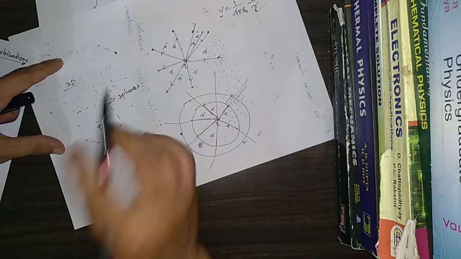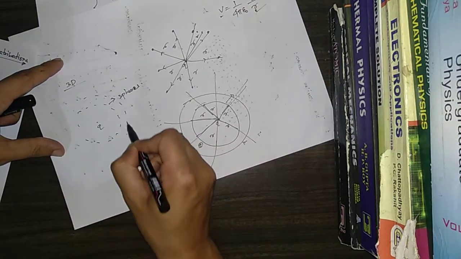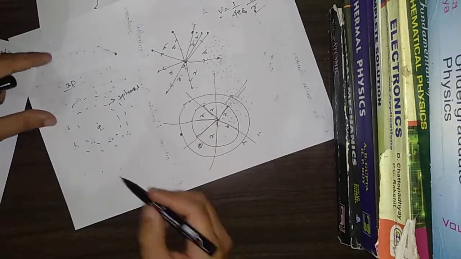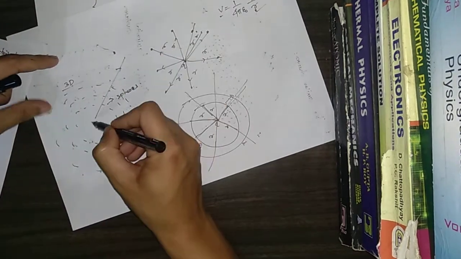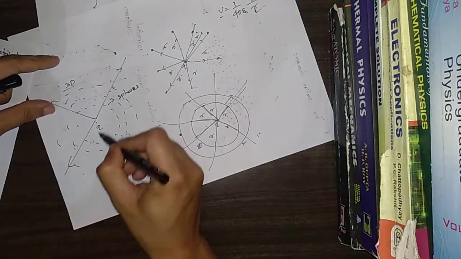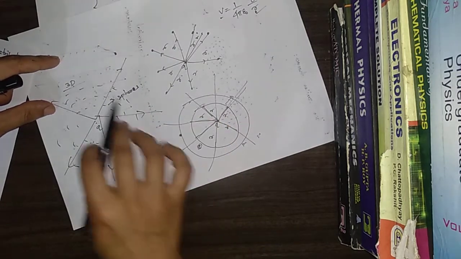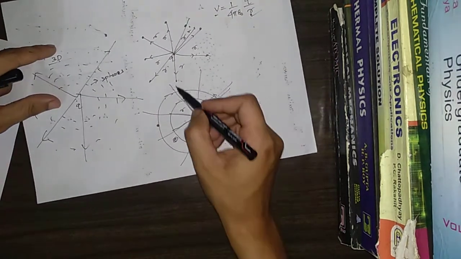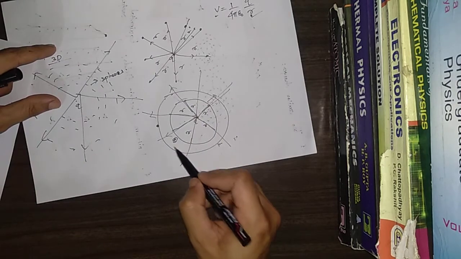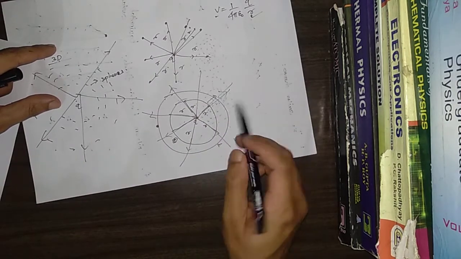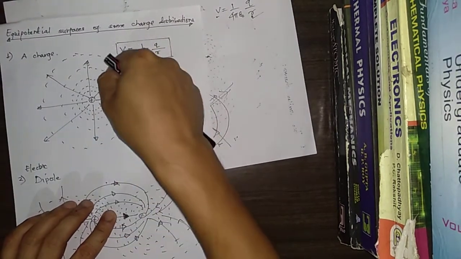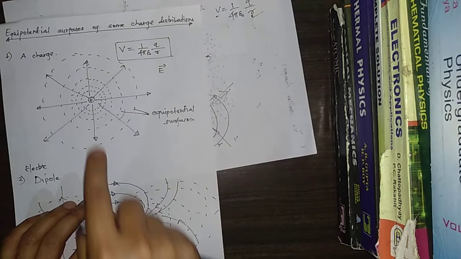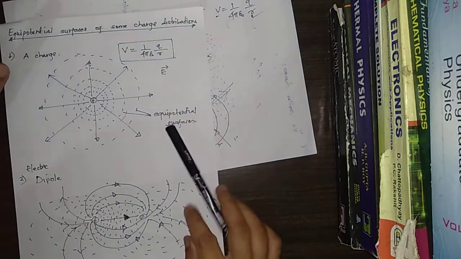So one sphere is your equipotential surface, another sphere is your next equipotential surface, and so on. Electric fields will be perpendicular to every point on the surface, outward in this case. So electric fields are always perpendicular to every point on the equipotential surface. Thank you.